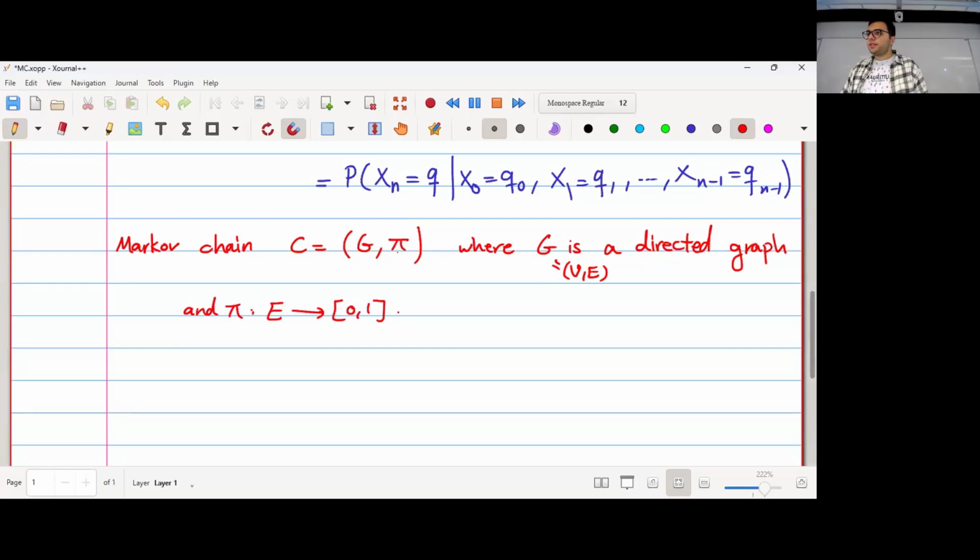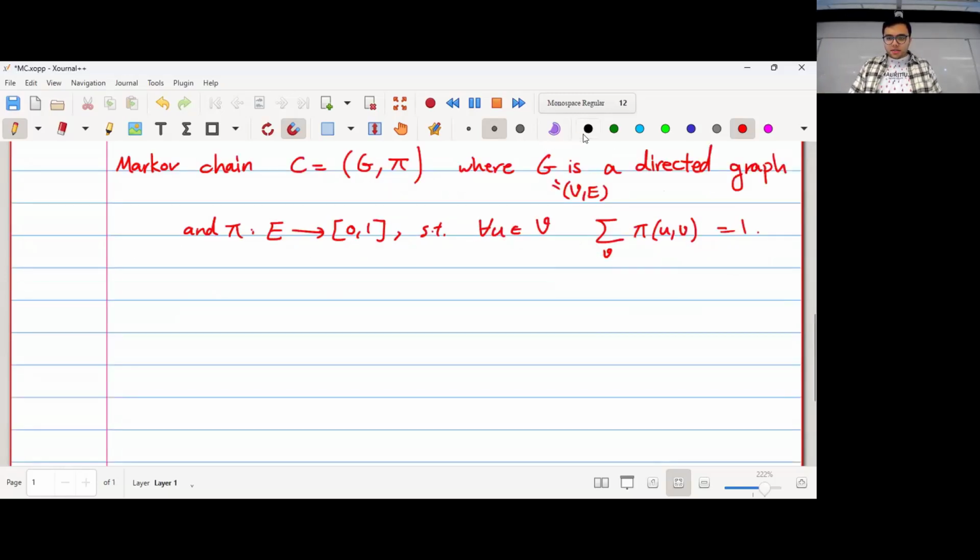Now, I want to say that for every vertex, the sum of the probabilities of edges coming out of it is exactly 1. Such that for every vertex U, the sum over every V of P of UV is 1.